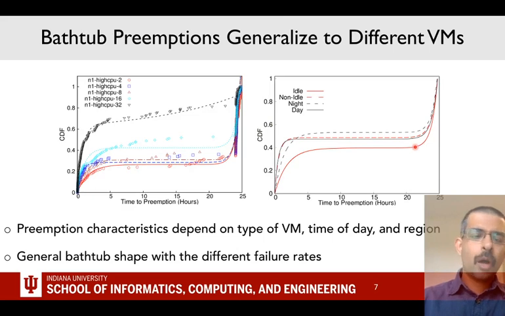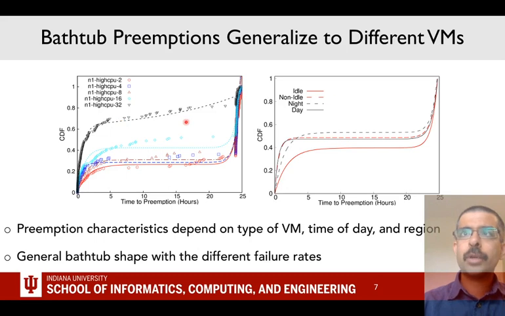Our empirical analysis shows that this kind of bathtub preemption behavior is fairly general to different types of Google's transient VMs. The figure on the left shows the preemption characteristics of VMs with a different number of CPUs and memory.